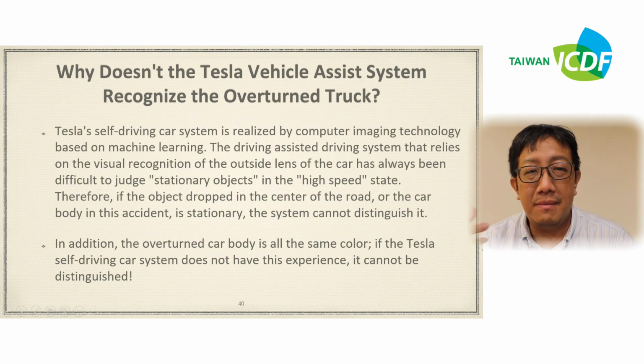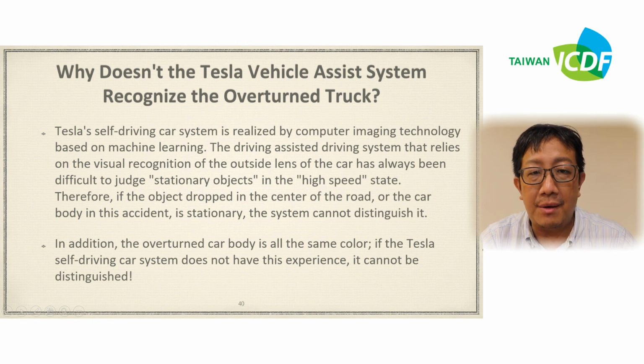But why didn't the Tesla vehicle assistance system recognize the overturned truck? Tesla's self-driving car system is realized by computer imaging technology based on machine learning. Driver assistance systems that rely on visual recognition from the outside lens of the car have always had difficulty judging stationary objects at high speed.